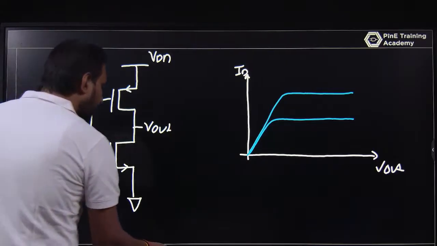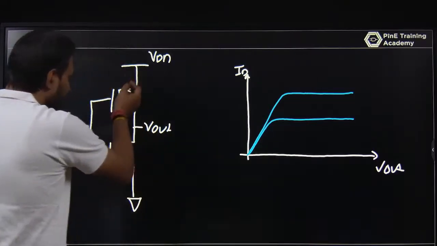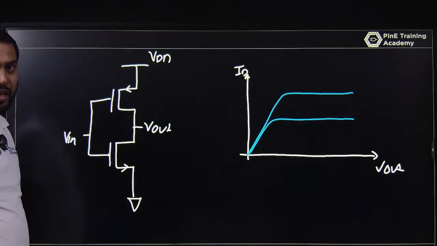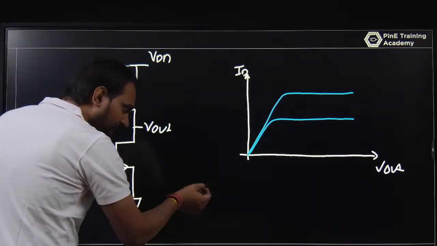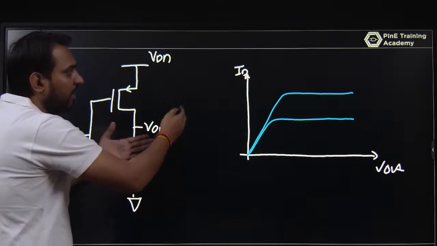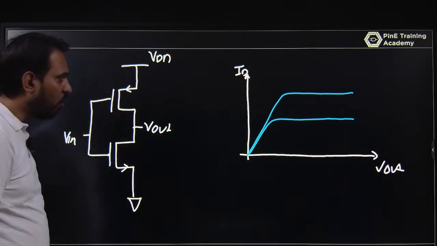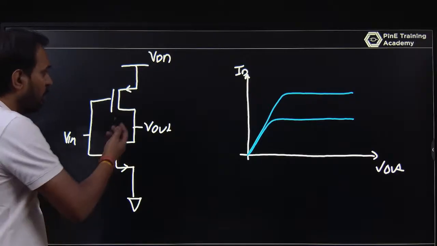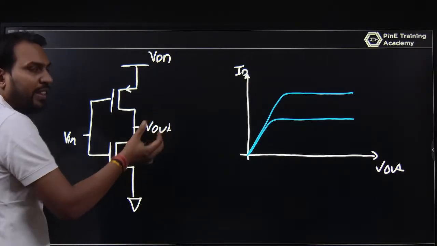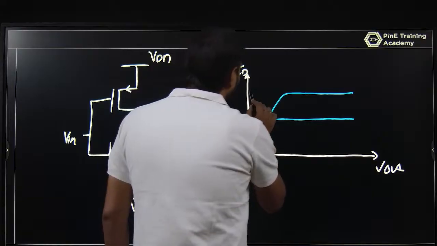But in PMOS, if you think that this is VSG, it will provide the current in the third coordinate, but I am just shifting it in such a way to make both MOSFETs in saturation. If both are in saturation, I am just shuffling that current. That current is like this.